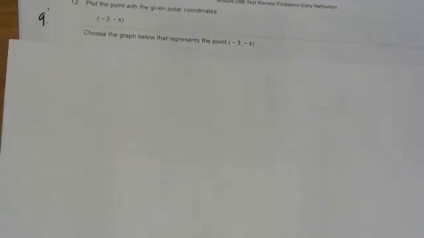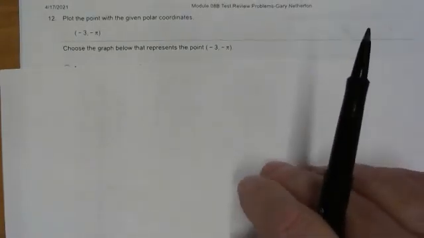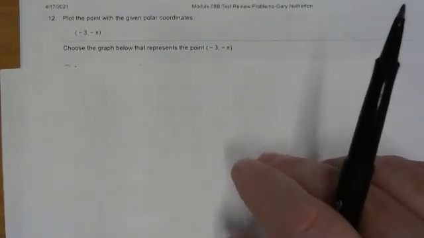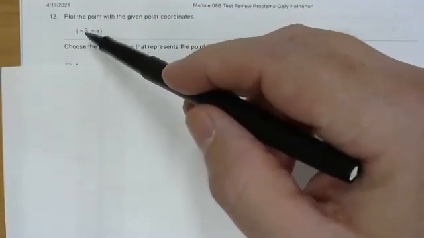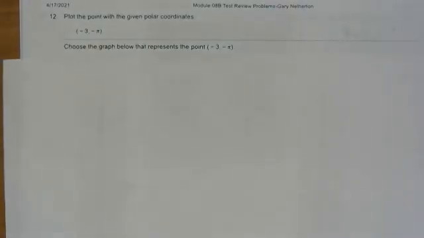All right, number 12. It's another one, finding the point in polar coordinates -3, -pi.